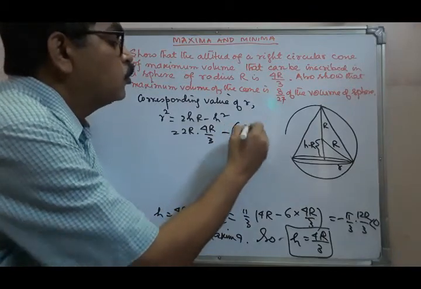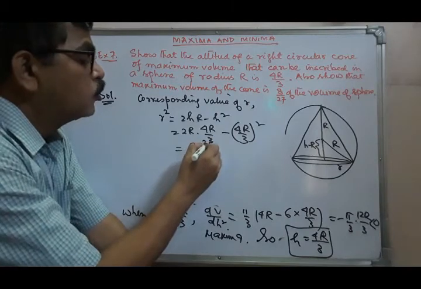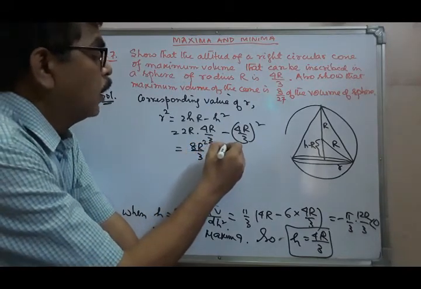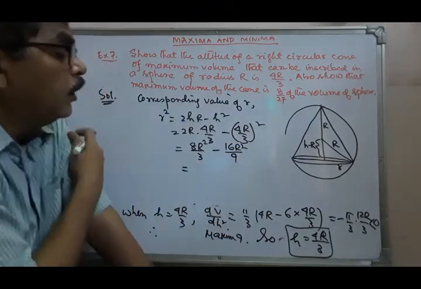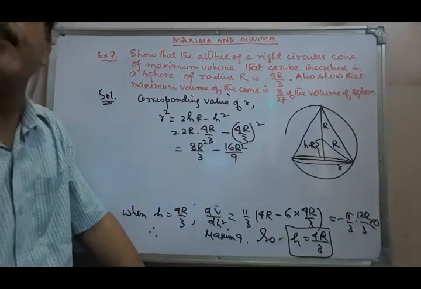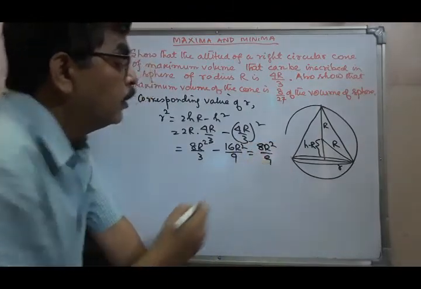So 8R square by 3 minus 16R square by 9, so we will get r square equal to 8R square by 9.